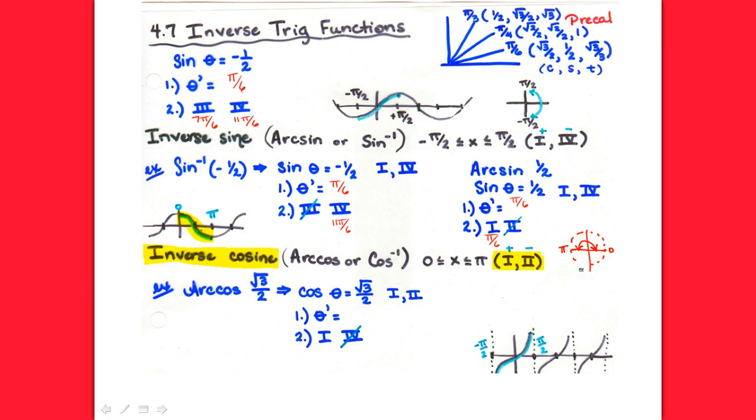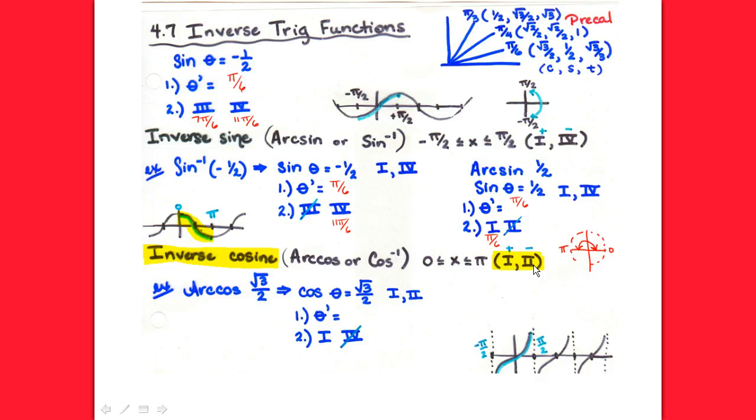So for that reason, when I use inverse cosine, it's only going to be the first and the second quadrant. So when they give me arc cosine of square root of 3/2, by definition, I'm going to know that means cosine equals square root of 3/2, and I only have first and second quadrants to choose from. I get all of that from the definition.